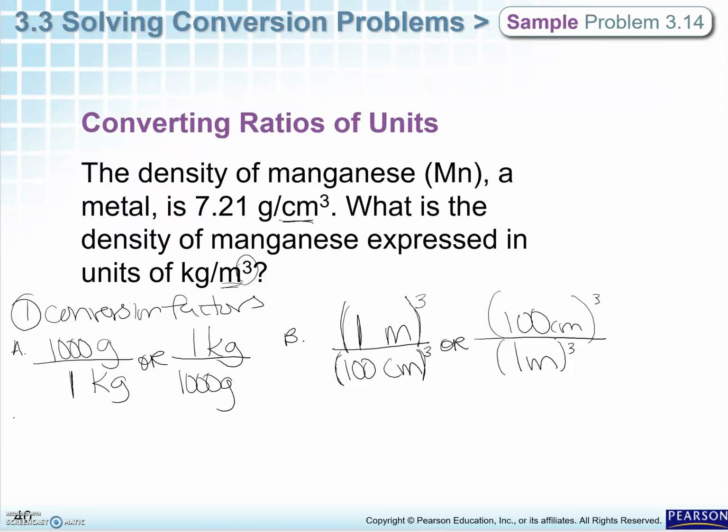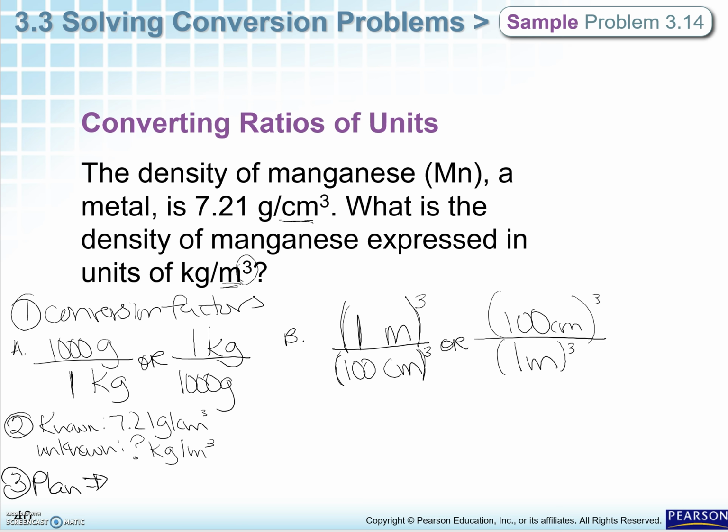Now we have to figure out our knowns and our unknowns. We know that we have 7.21 grams per centimeter cubed, and our unknown is kilograms per meter cubed. We just have to figure out how to get from the known to the unknown, so let's figure out our plan. First of all, you have to start with what they give you.